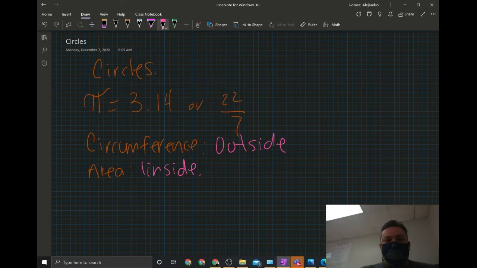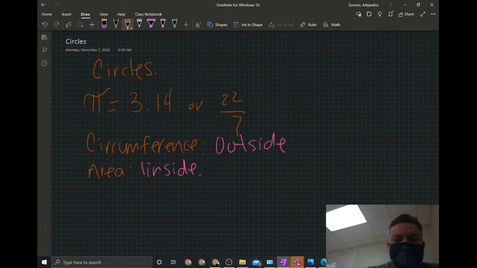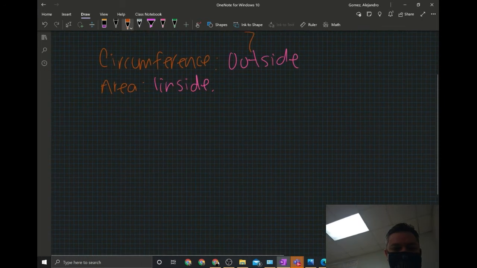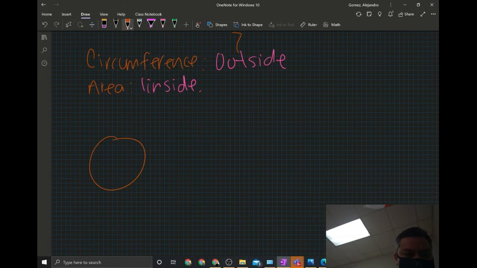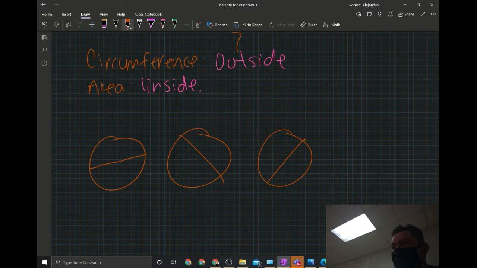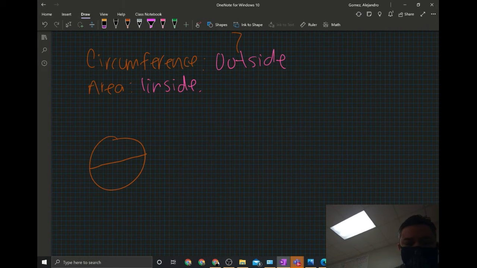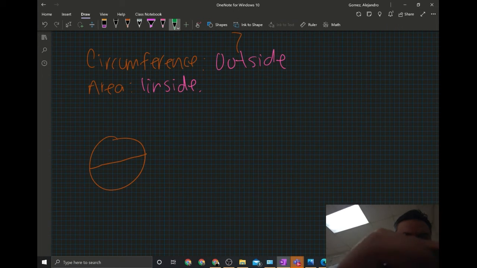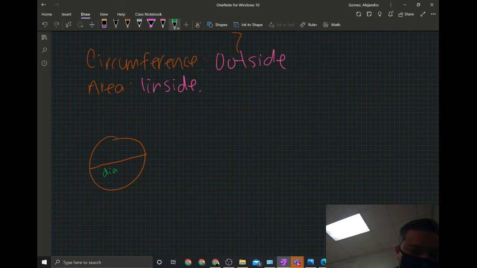Okay? So, for example, if I have a circle, and I have a line from end to end, you can have the line like this, like that. It doesn't matter how they give it to you. As long as it's from end to end, that line is going to be the diameter.